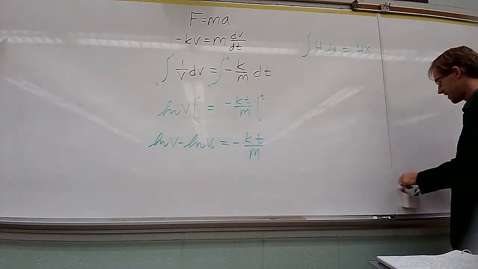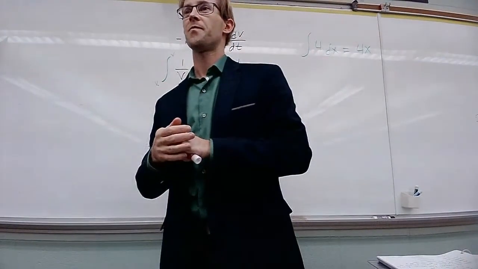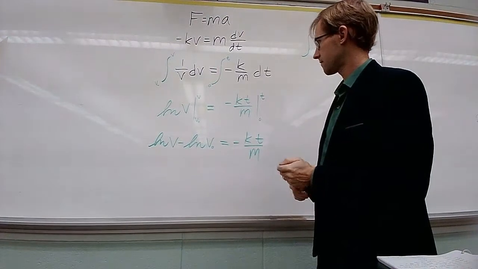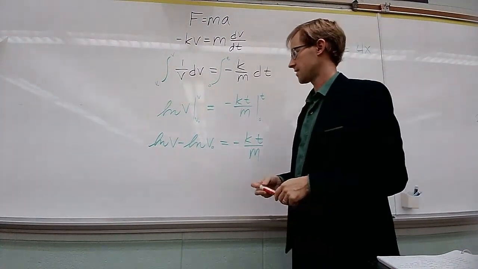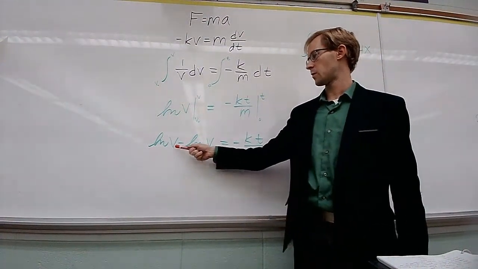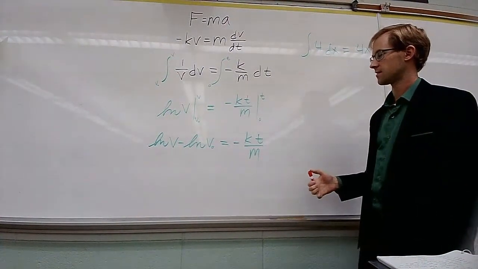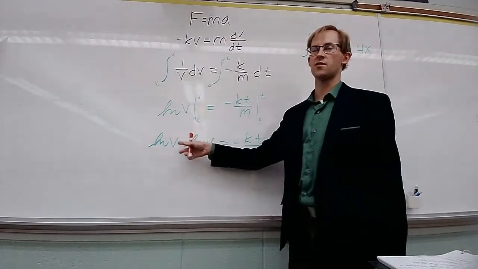You just moved the natural log of the original velocity to the other side. Then you have to solve for v. You gotta pull the v out, though. That's why I say move the natural log of v over to that side. But you can't just pull this out of a natural log function.